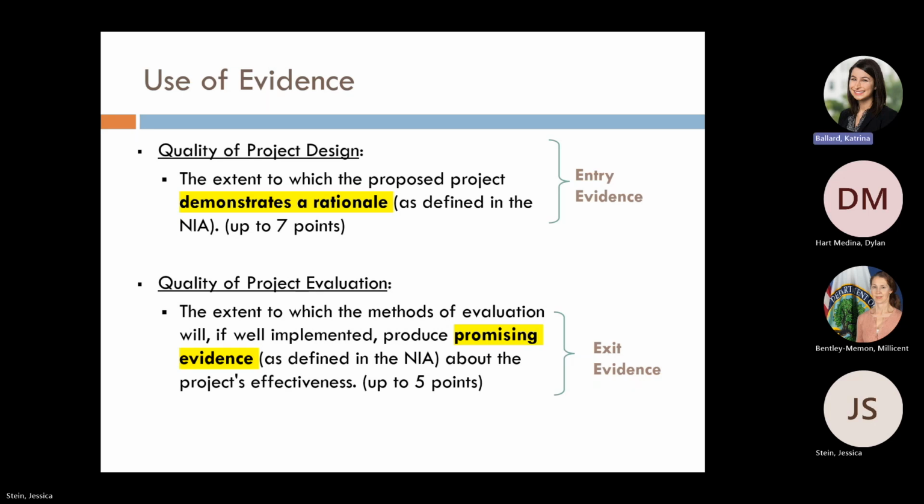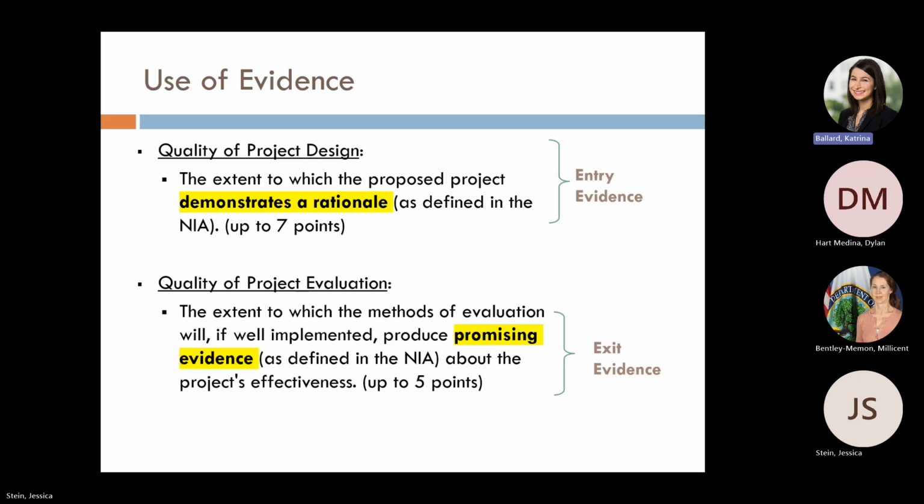Exit evidence describes relationships between the key project components and the relevant outcomes. This helps with making connections between the activities or strategies in the project and the outcomes you plan to measure in your evaluation.